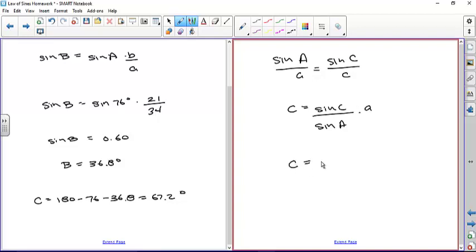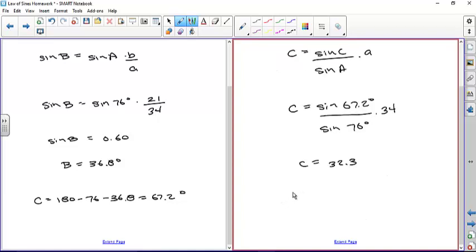So we have the sine of C, which is C is 67.2 degrees, divided by the sine of A, which is 76 degrees, times the length of side A, which is 34. So do that, sine of 67.2 divided by the sine of 76 times 34, 32.3. And again, you can kind of check your answer by just looking at the relative magnitude.